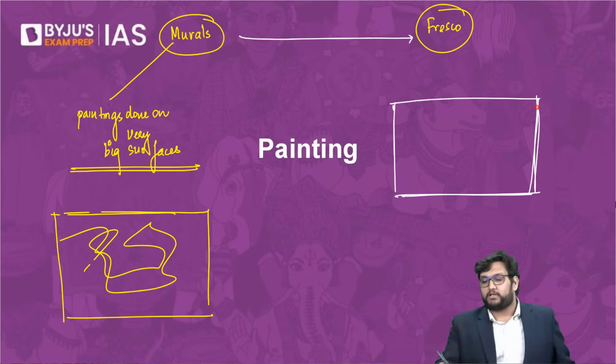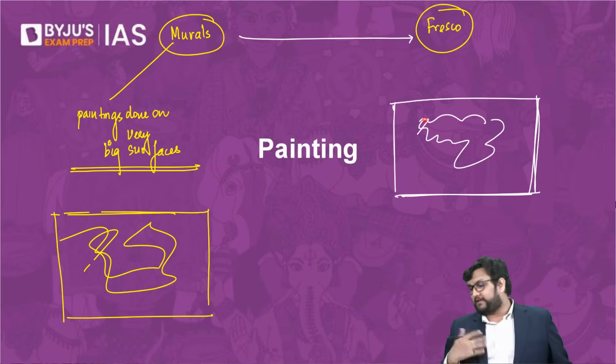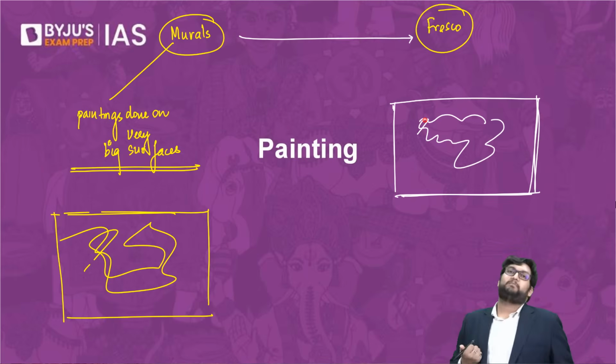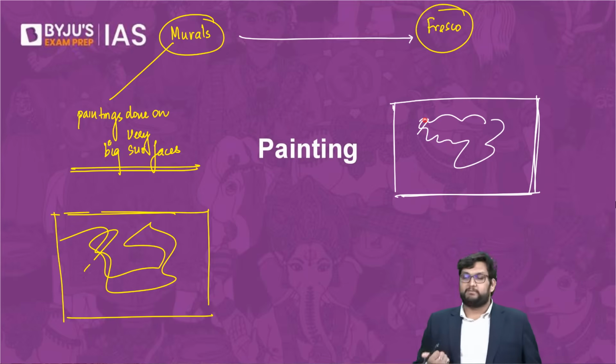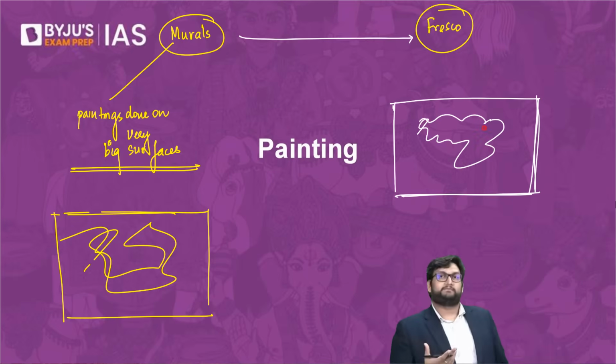You take water soluble paint and put it onto the wall while it is in the process of being wet and drying. The color is then absorbed by the plaster or the cement, and the painting becomes more permanent.